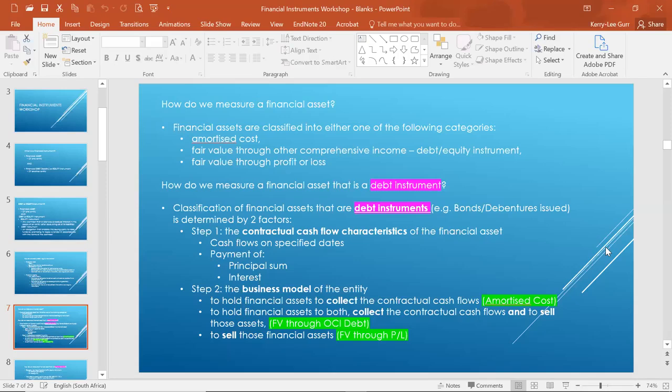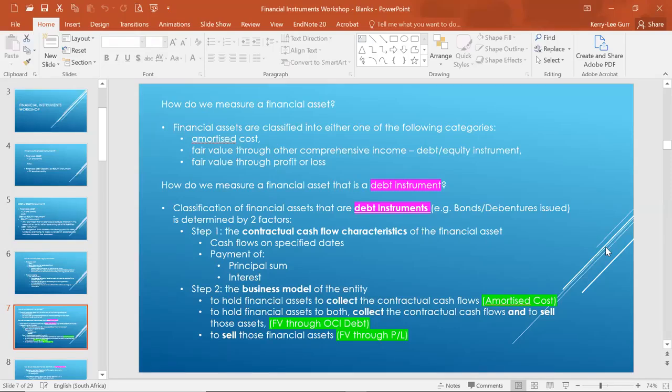Okay, so for your debt instruments, what are we going to look at? So we look at our contractual cash flows, which ultimately refers to the cash flows being paid on specific dates. That really means that this debt instrument, which remember is a form of loan, those cash flows perhaps are going to be, say, 10,000 Rand every year for 3 years.